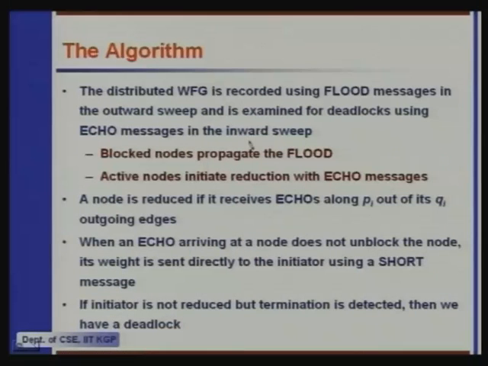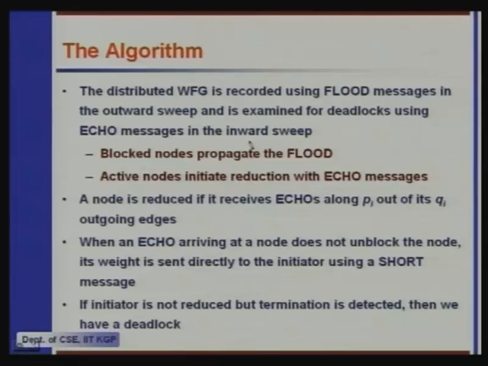We need a termination detection algorithm to figure out that it will not reduce. And when the termination detection algorithm tells us that the algorithm is complete, at that time we will say that we are in a deadlock. For that termination detection algorithm, we will use a message called a short message.